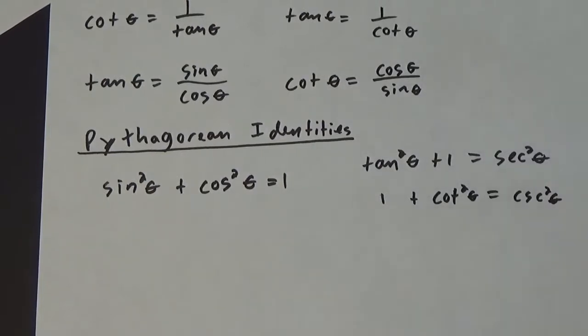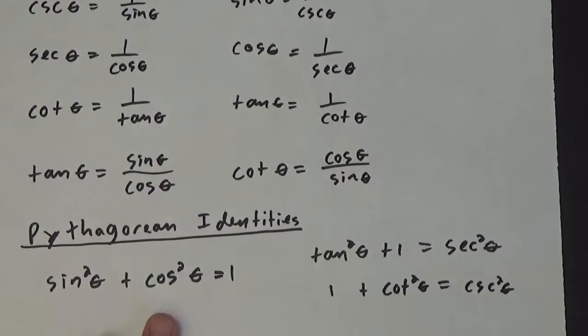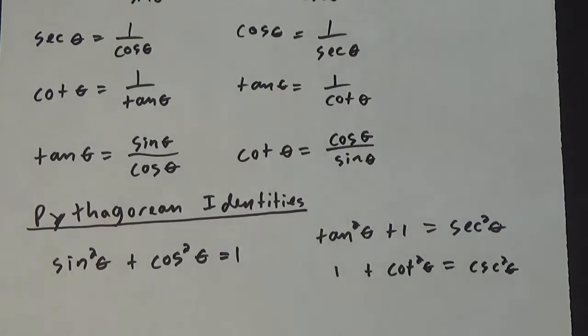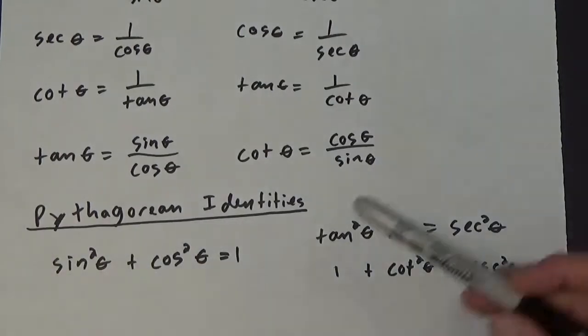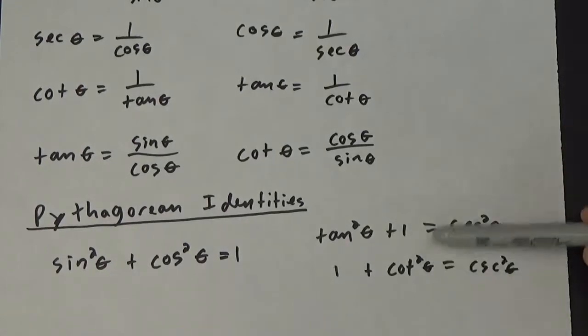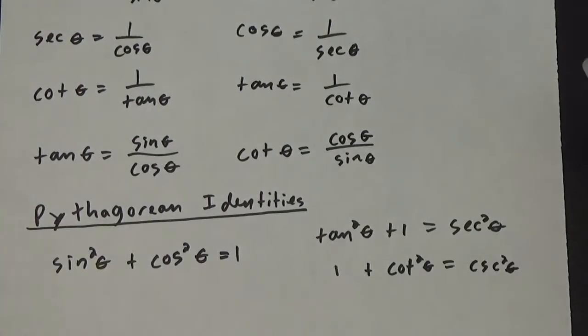Now, we're going to use these identities pretty soon, but one thing I need to clarify: when it comes to Pythagorean identities, the only one I remember is sine squared of theta plus cosine squared of theta equals 1. That's the only one that's in my brain. If I need the other two, I don't remember them. What I remember is how to rederive them.